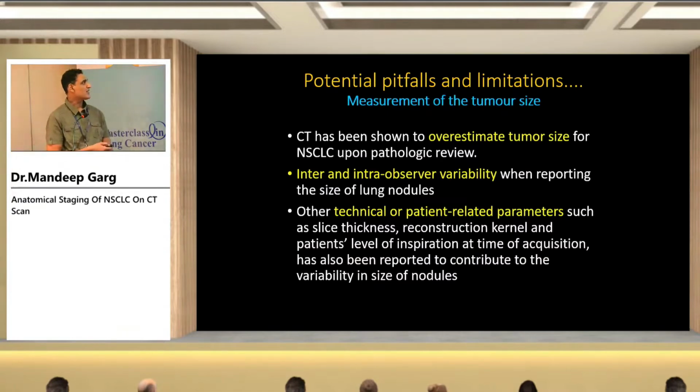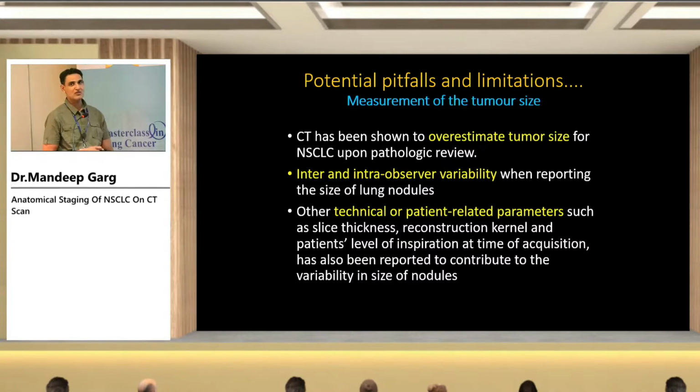Also, on surgical and pathological review, it has been found that CT scan often overestimates the tumor size, and there can be inter- and intra-observer variations while measuring and reporting the size of a lung nodule on CT scan. Many other technical and patient-related parameters also need to be considered, such as slice thickness, the reconstruction kernel, and the patient's level of inspiration at the time of scan acquisition.